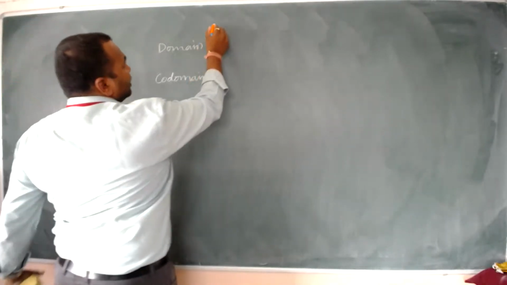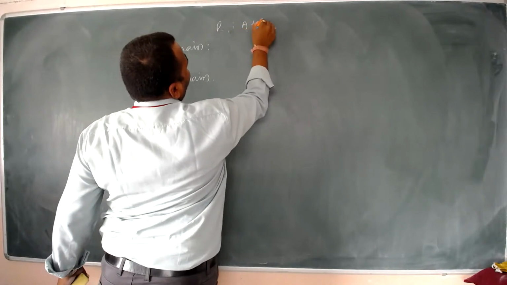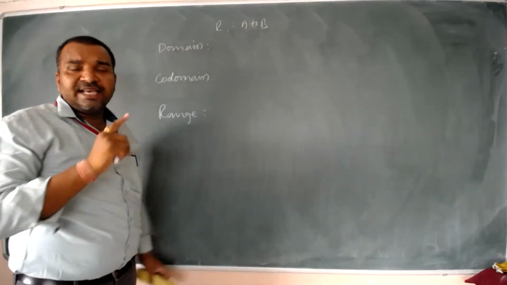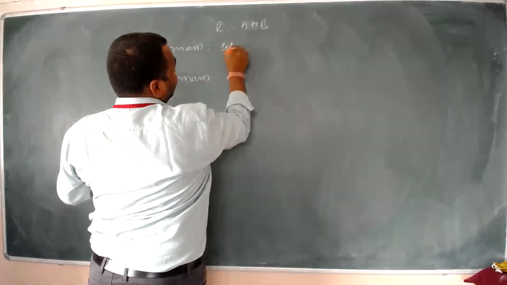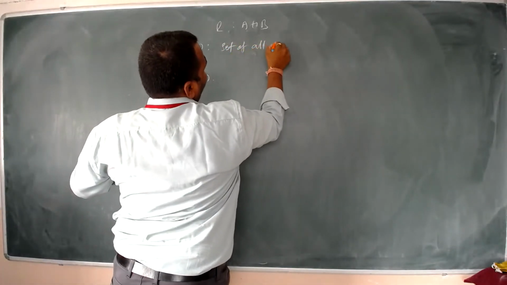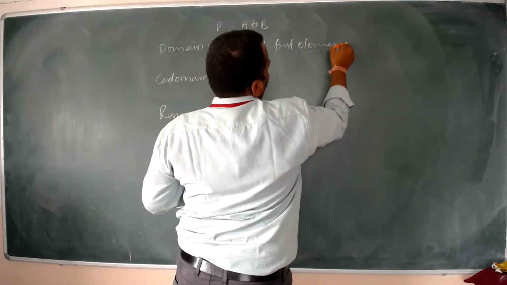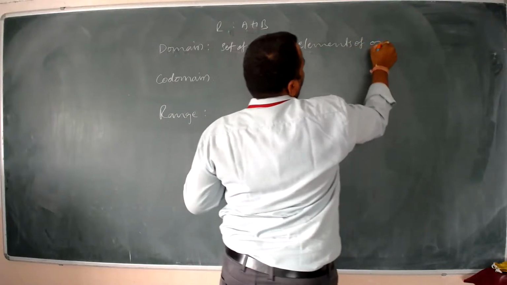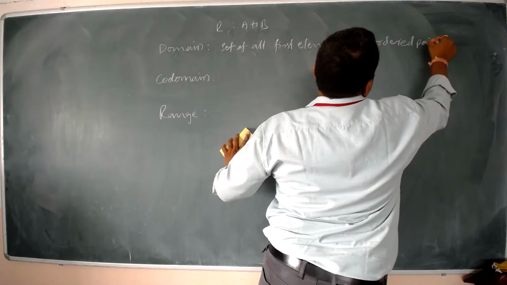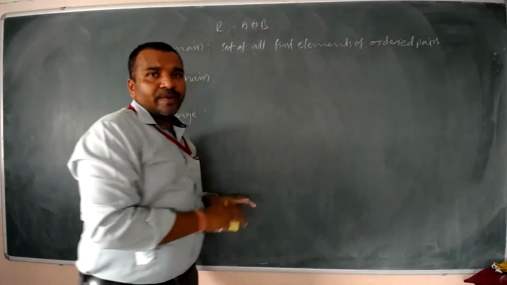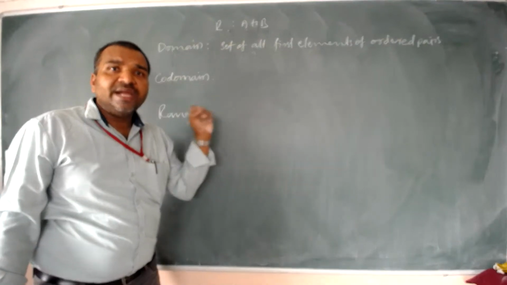See here, R is a relation from A to B. If R is a relation from A to B, then the set of all first elements of the ordered pairs is called the domain.